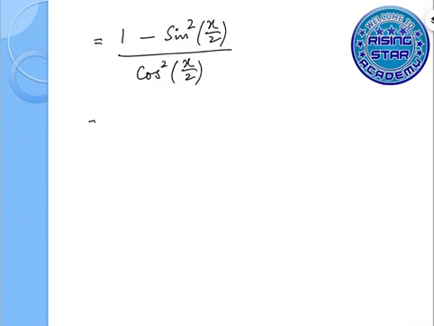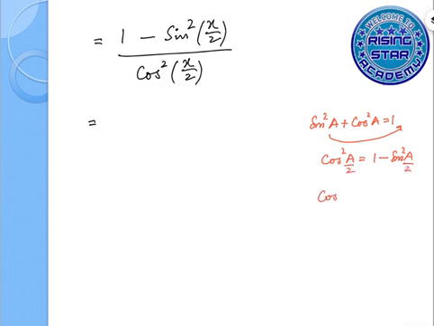Now we know that sine square a plus cos square a is equal to 1. If I shift this value to the other side, we can say that cos square a can be written as 1 minus sine square of a. Now I will make the half angle by dividing the angle by 2. So now we have cos square of a by 2 equals 1 minus sine square of a by 2.